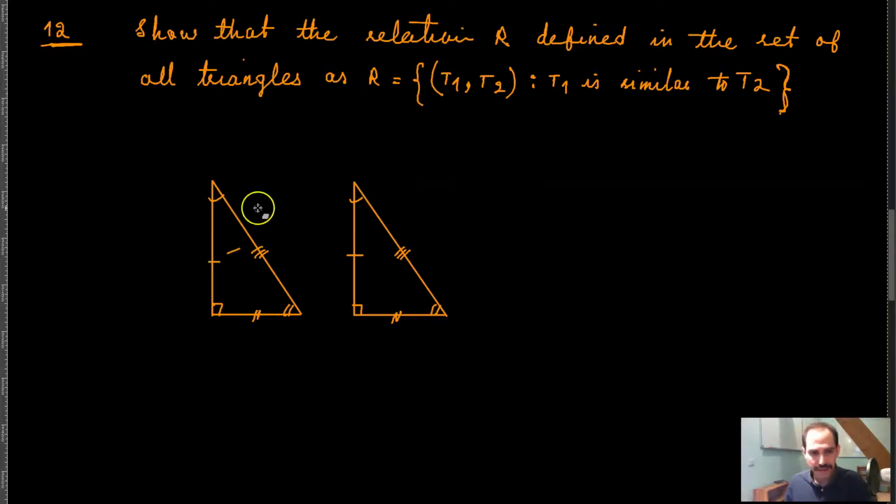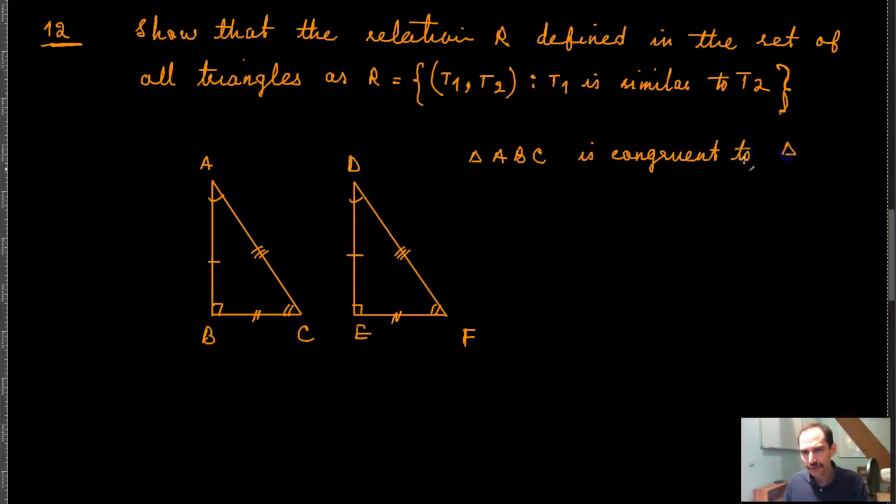So then you can say that the triangle ABC and triangle DEF, you can say the triangle ABC is congruent to the triangle DEF, right?